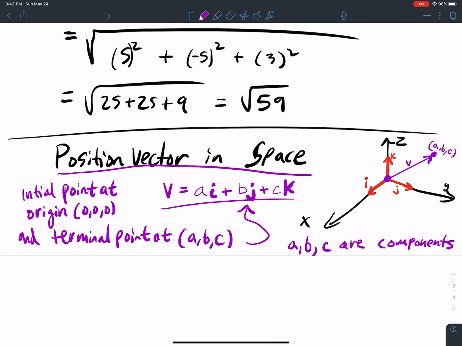So a vector whose initial point is at the origin is the position vector.